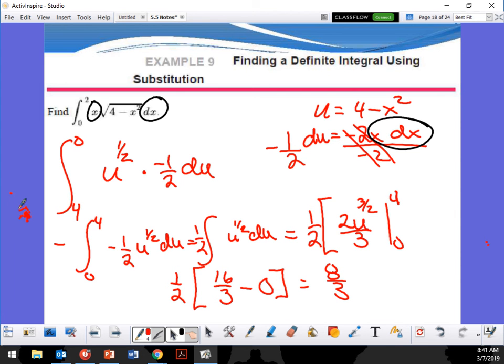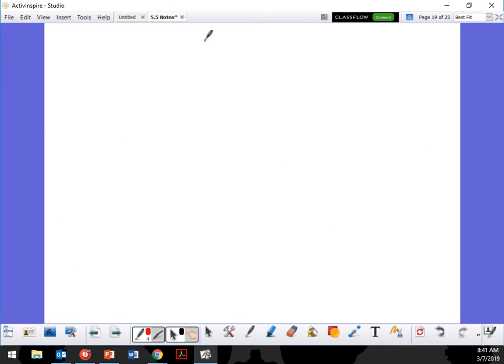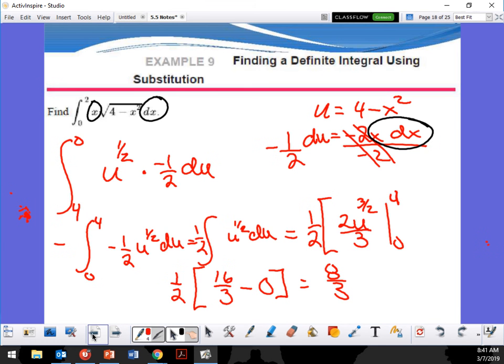Because, here, let me show you an example. So if I did not do that, insert page after. So what was my function? It was, the original, so from the u, so it's 1/2, right? I gotta go back. All right, so it was negative 1/2, right? Yes, negative 1/2.